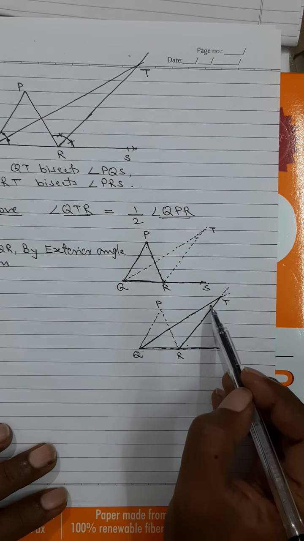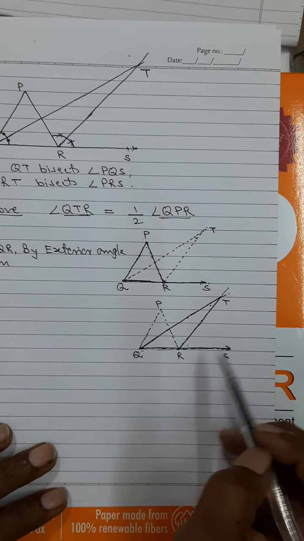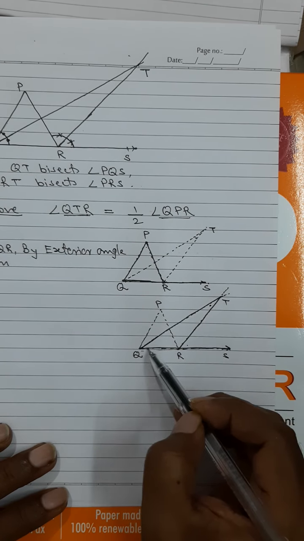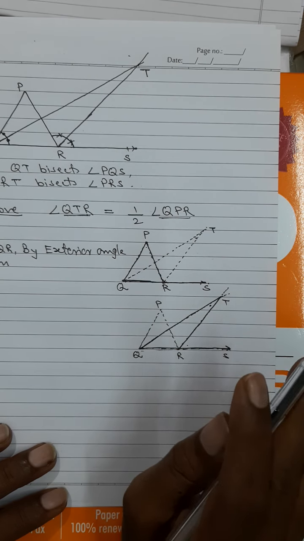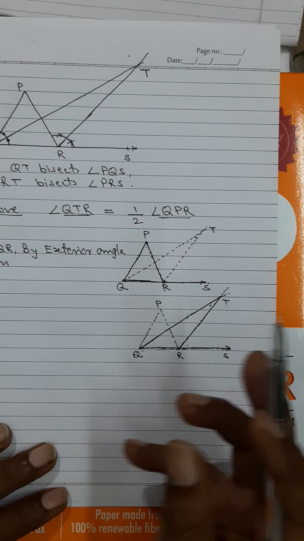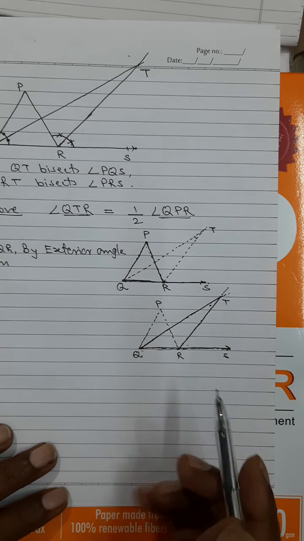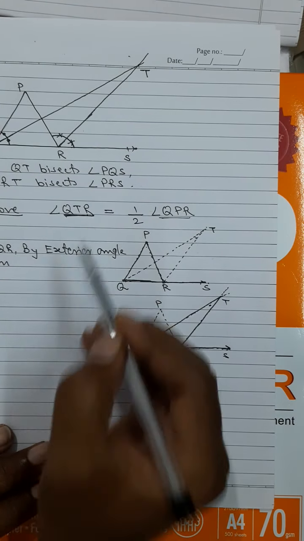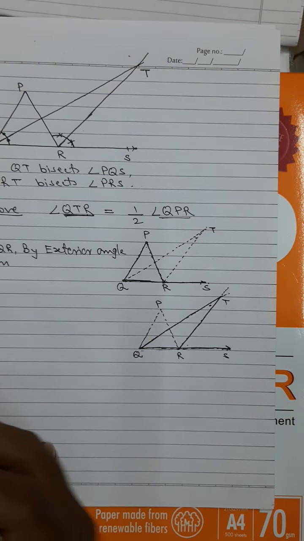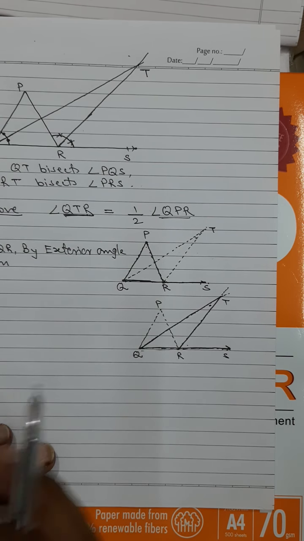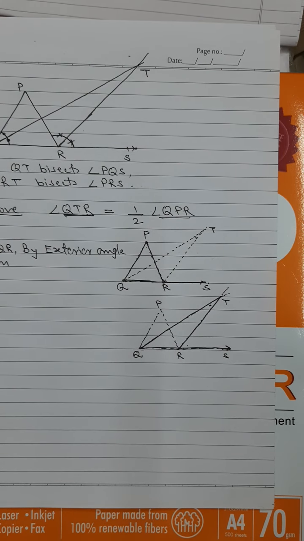So I am dealing with this angle here. If this is fit over here, this is going to be fitting in the exterior angle theorem. From that equation of exterior angle theorem, I will get an expression for this angle. You should try to get an expression for this angle. Can I get an expression for angle QTR?